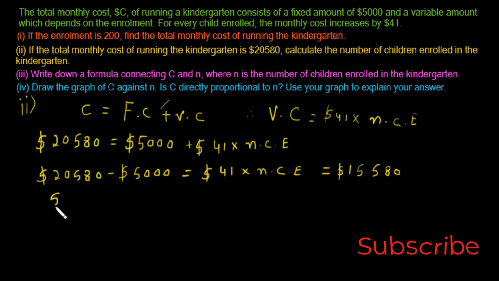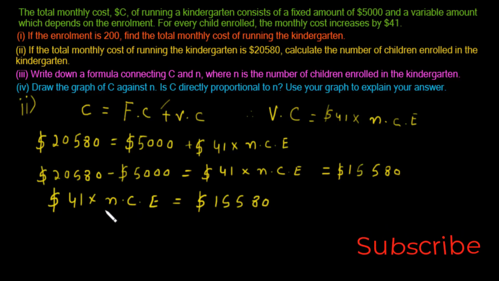Now, as we have to calculate the number of children enrolled in the kindergarten, I have to isolate this term. We have 41 into the number of children enrolled is equal to 15,580. To isolate the number of children enrolled, I will divide by 41 on this side and on this side as well.